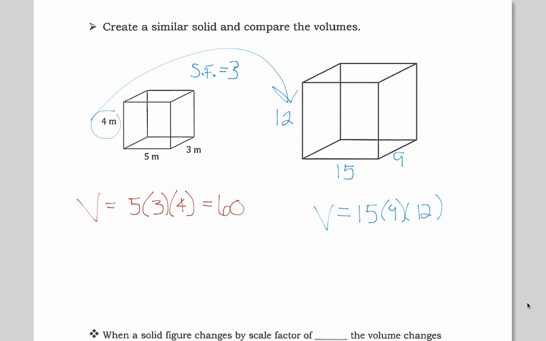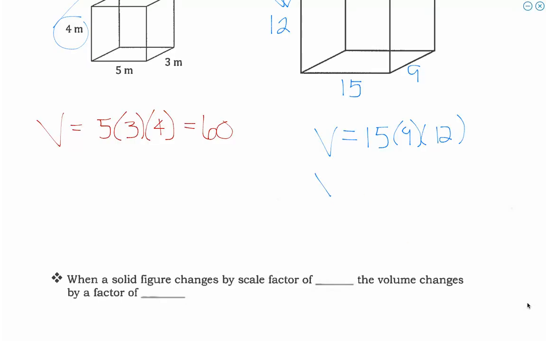So notice what we did right there. This part got multiplied by 3, this part got multiplied by 3, and this part got multiplied by 3. So basically, this blue work is this red work with each of its parts multiplied by 3. So how many times was it multiplied by 3? 3 times.